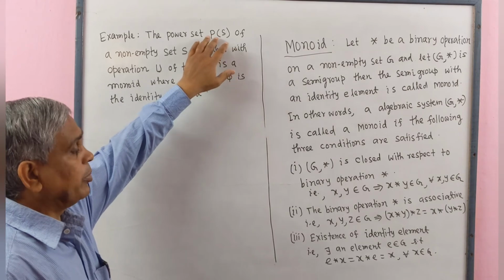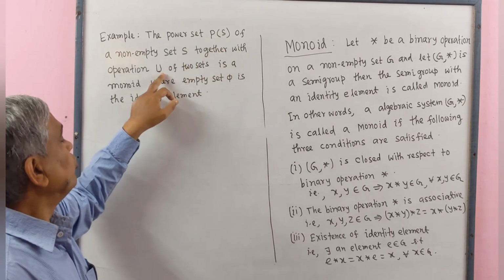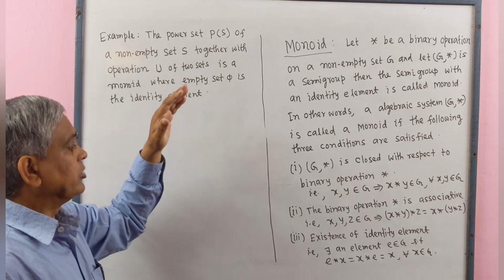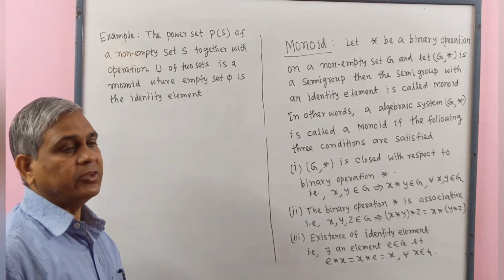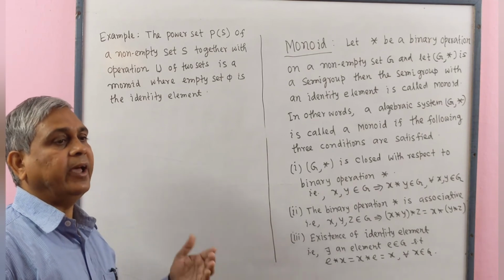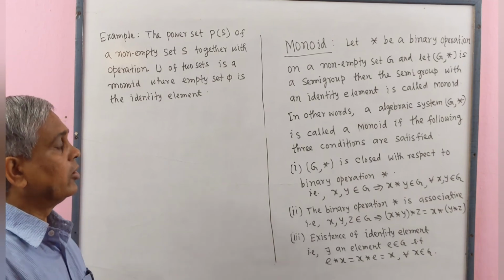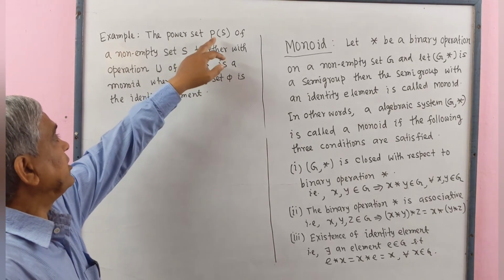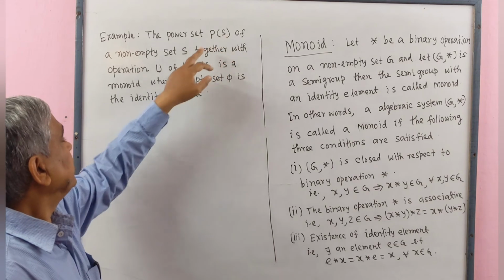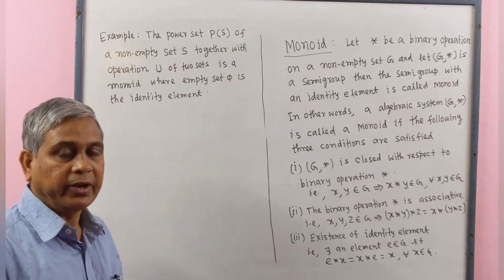The PS power set with binary operation union satisfies three properties: closure law, associative law, and existence of identity element. Hence, the algebraic structure PS with binary operation union is a monoid.